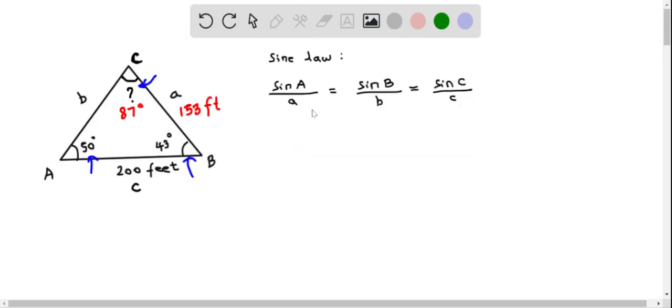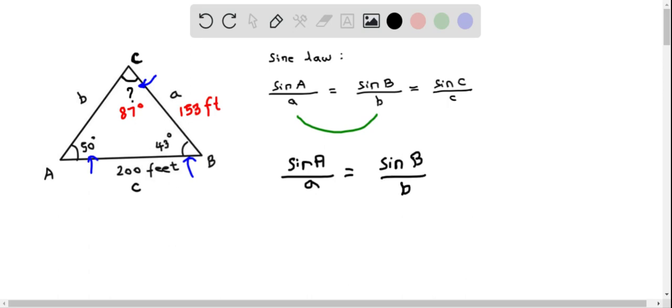We will now use the sine law relation involving the side length B and the angle B. So I'm going to use this relation, that is sine A over A equals sine B over B. We can plug the values into this relation.